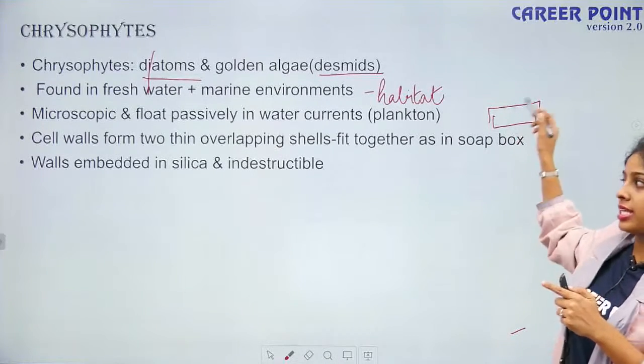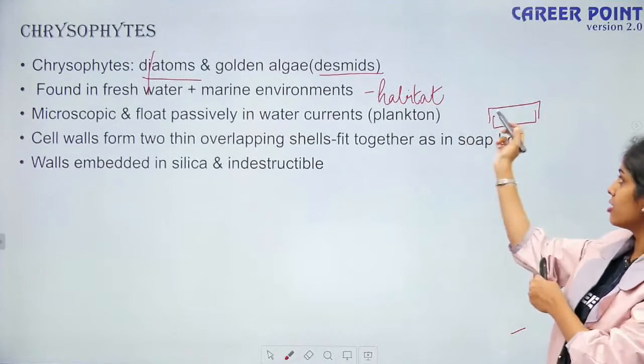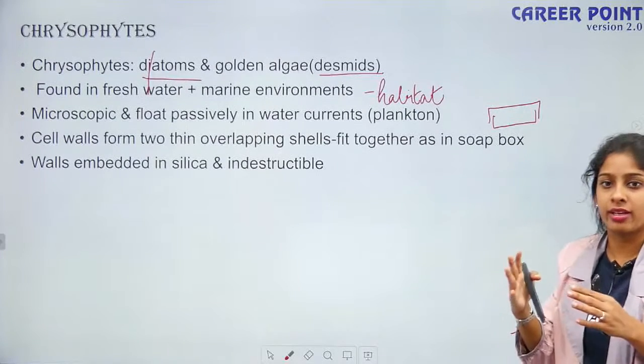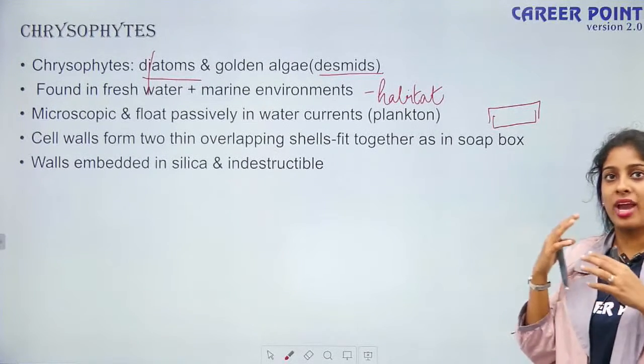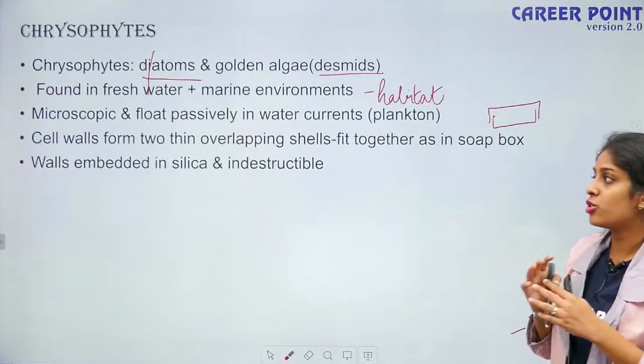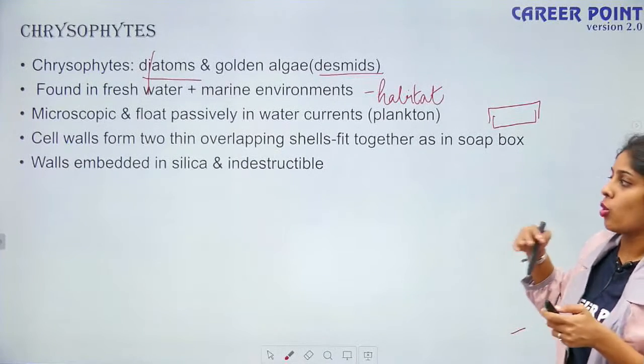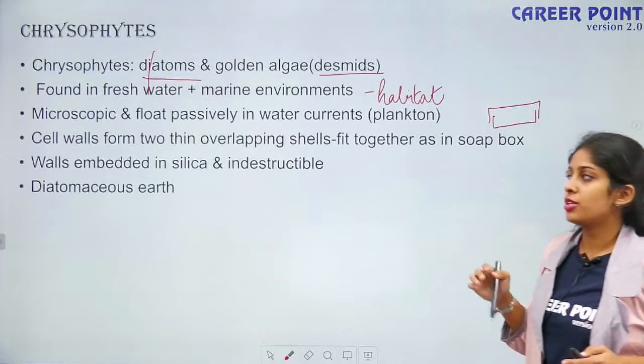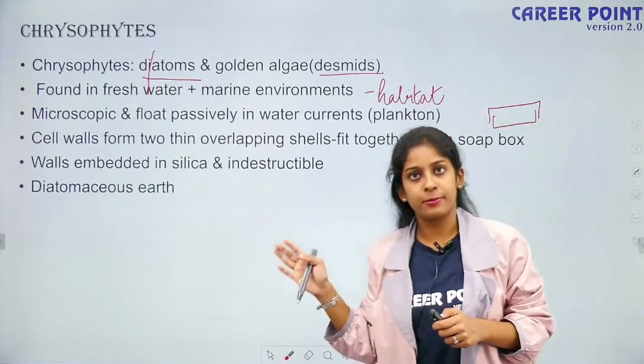The walls of these cells are embedded in silica, so they are very hard to break. They do not undergo any destruction, and naturally it also takes a very long time. As a result, over time they accumulate, and that accumulation is called diatomaceous earth.